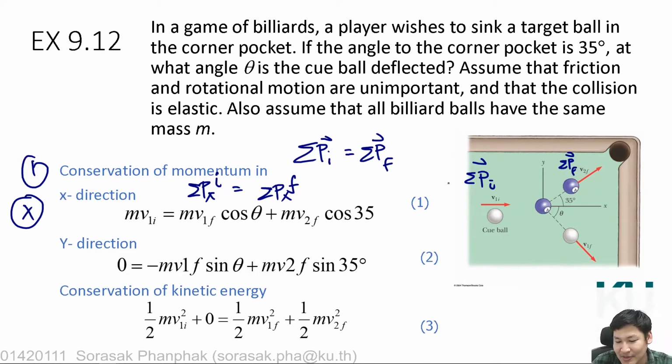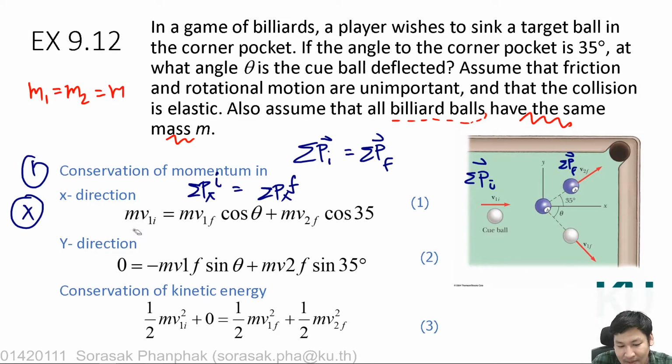What happened in the initial condition? Only the cue ball is moving to the right. So this is your m1 with its velocity. Both balls have the same mass, so m1 equals m2 equals m.